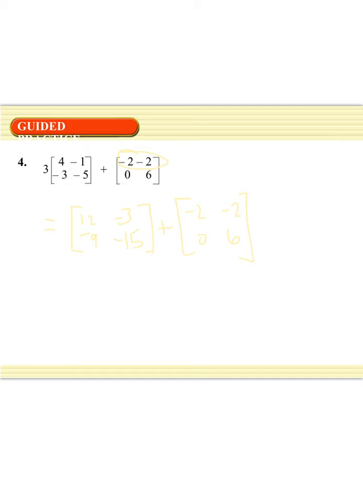Those are two separate elements. They're both a -2 and a -2. And so now we have a 2x2 and a 2x2, so we can go ahead and add them. Our answer will also be a 2x2, so we're going to get 10, -5, -9, and -9.